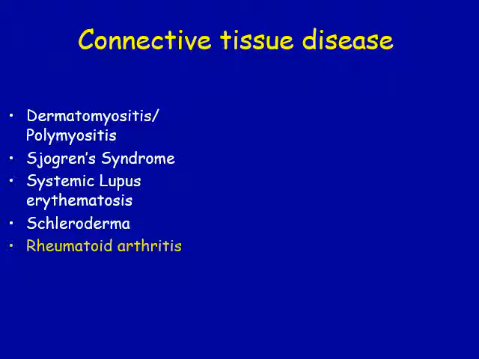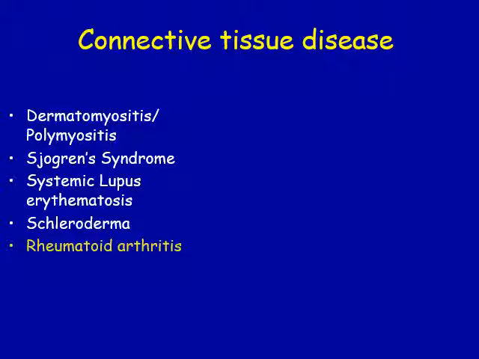Then I pass to the other large group of diseases called connective tissue diseases. These are multi-systemic diseases affecting most of the systems, mainly affecting the joints, resulting in arthritis and polyarthritis, and can affect the lung, the skin, the brain, and the blood. Sometimes the pulmonary manifestation may come before the arthritic manifestation.